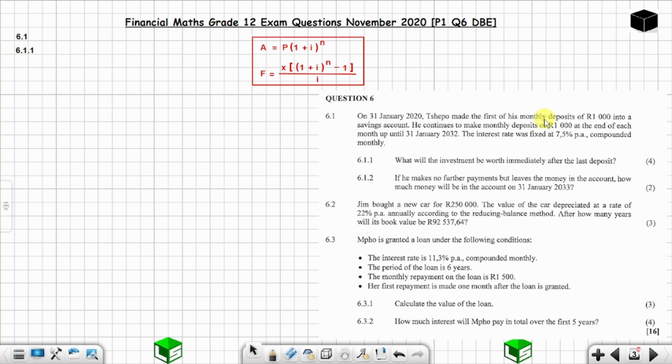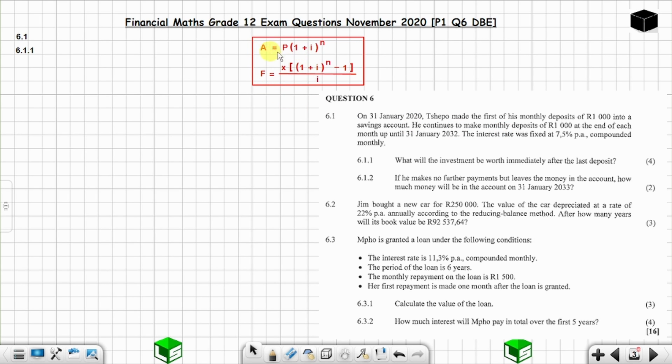If an amount is being deposited at a regular period of time, as in this case, 1,000 is being deposited, it continues to make monthly deposits of 1,000, after that 1,000, after that 1,000, then to find the final amount accumulated, you use this formula.